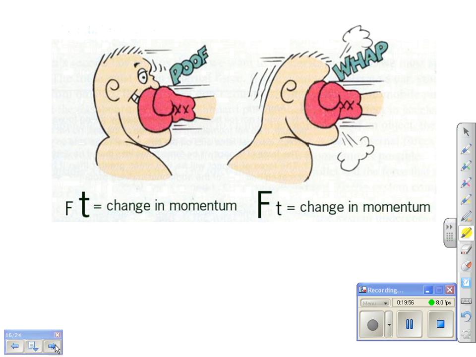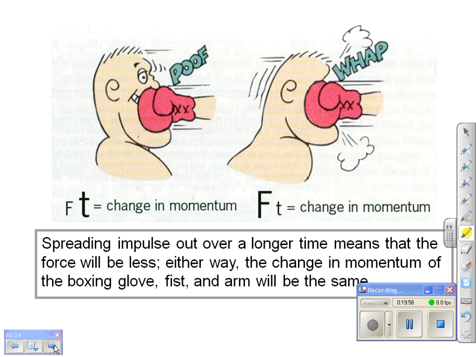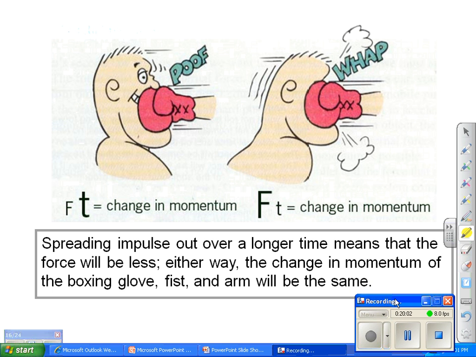Also, if we hit somebody, you can spread impulse out over a longer time, and that would mean that the force is less. So if we hit somebody and we make contact for a long time, then it's going to be softer. Either way, the change in momentum of the boxing glove or the fist or the arm will be the same.